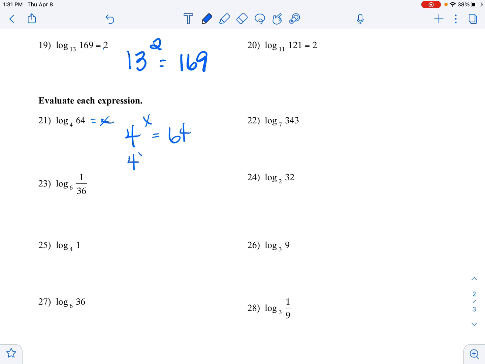This is going to be 4 to the x, and I know that 64 is 4 to the third power. Because if I break it down into 4s, 4 goes into 64 16 times, and then I can break 16 into 4 times 4. So there are 1, 2, 3 4s. Now I can tell, because my bases are the same, x is equal to 3.